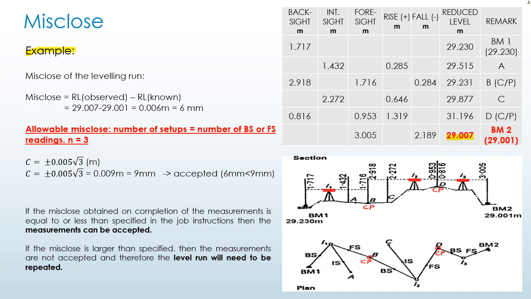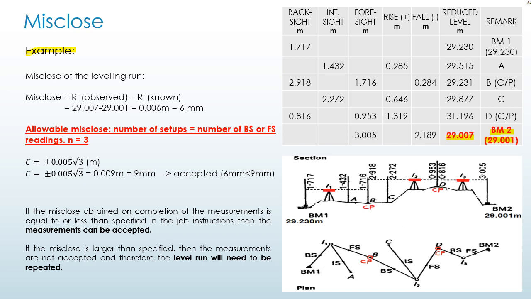29.007, and previously the reduced level is known, or the true value is 29.001. It is the benchmark, so we know its elevation before we do the leveling run. We will calculate its reduced level to compare with the benchmark elevation to check for the error of our leveling.